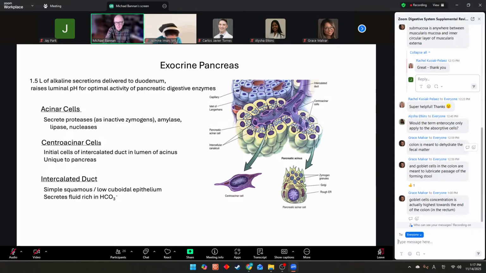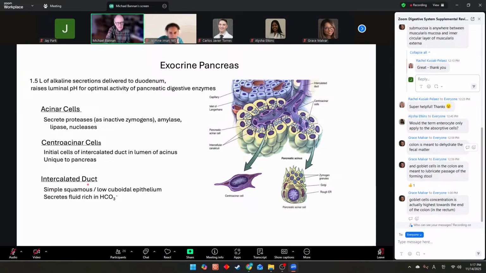So this is a distinction in the structure of the pancreatic acinar gland, the exocrine pancreas, and the exocrine salivary glands. In the salivary glands, the duct system, we don't see it actually in the lumen of the secretory unit, the acinus. Whereas in the pancreas, we actually see duct system cells inside the acinus, and those are called the central acinar cells.